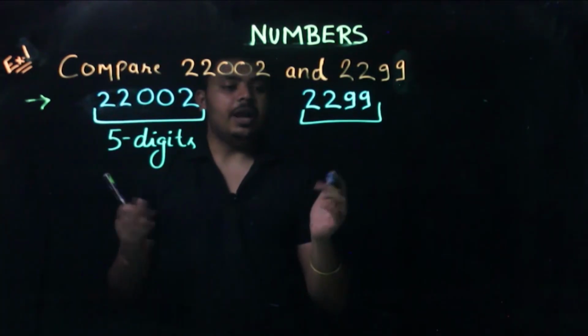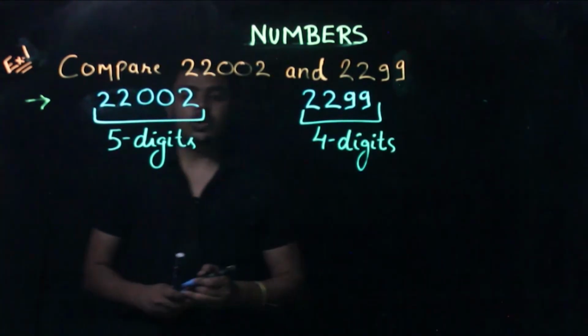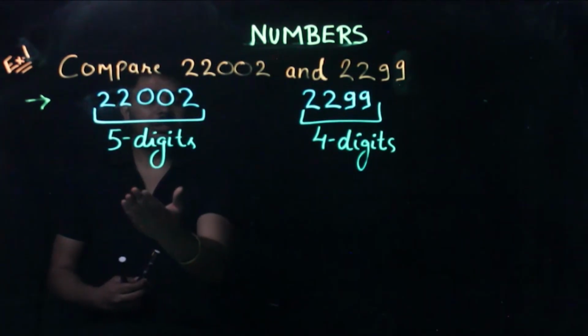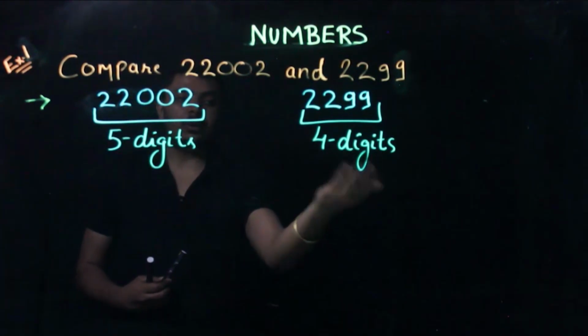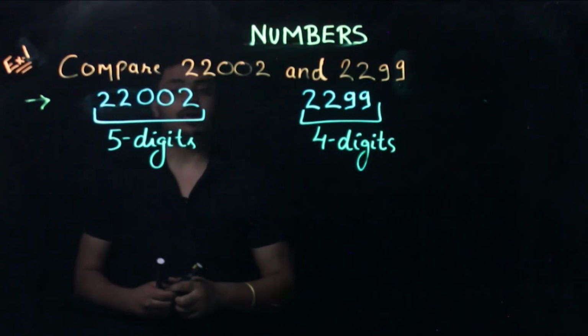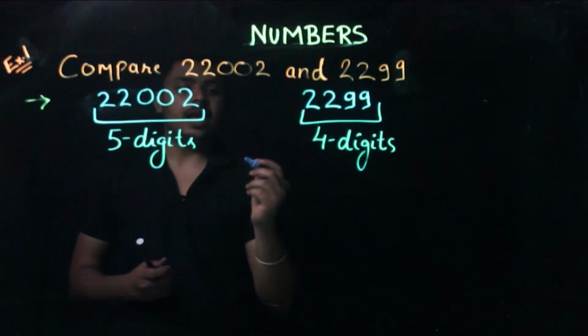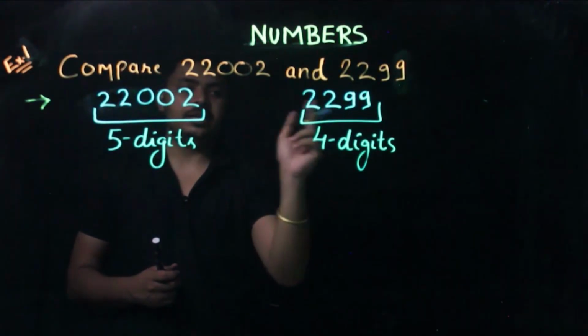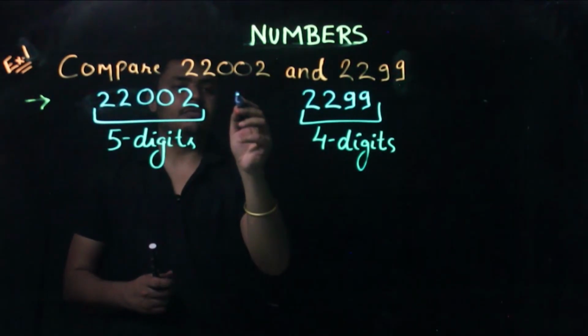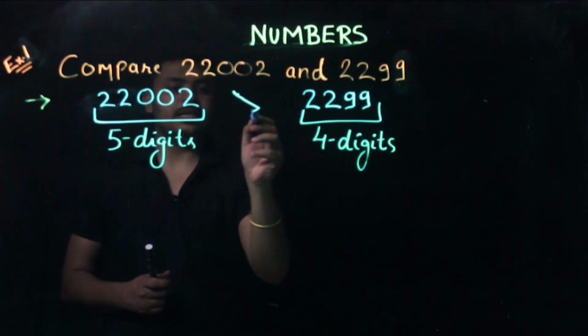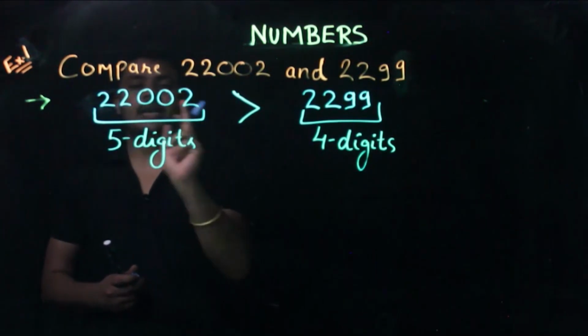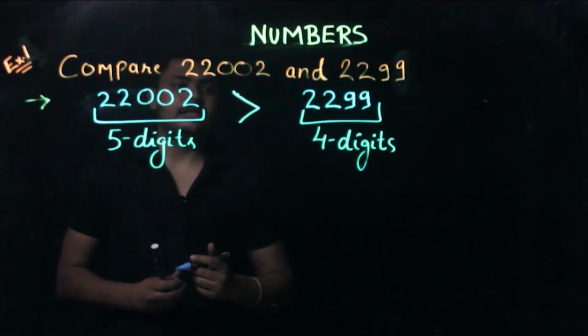So I will write 4 digits. So here the number of digits are greater than the number of digits in the other number. So I must say here 5 is greater than 4. So we will write that this number is greater than this number, and put a greater than sign to indicate that.